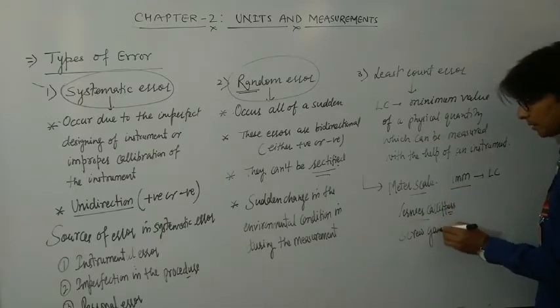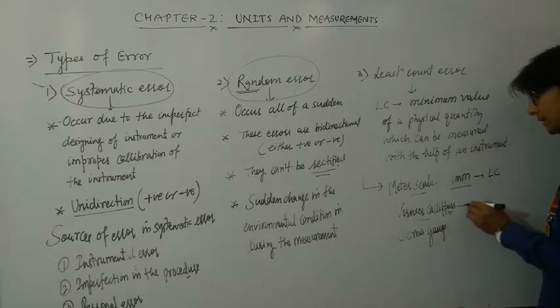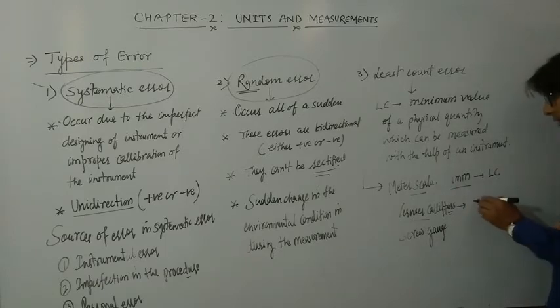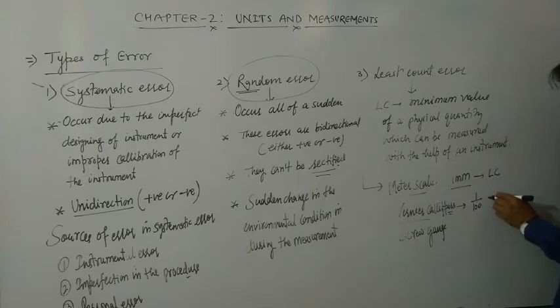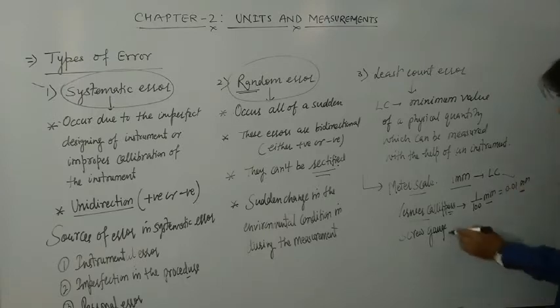Let us first talk about the vernier caliper. The least count of a vernier caliper is 1 divided by 100 mm, so it is 0.01 mm. The minimum value that can be measured with the help of a vernier caliper is 0.01 mm. So this will be the least count.